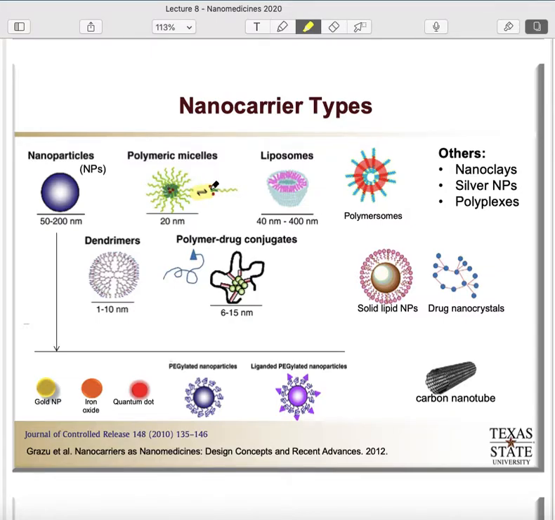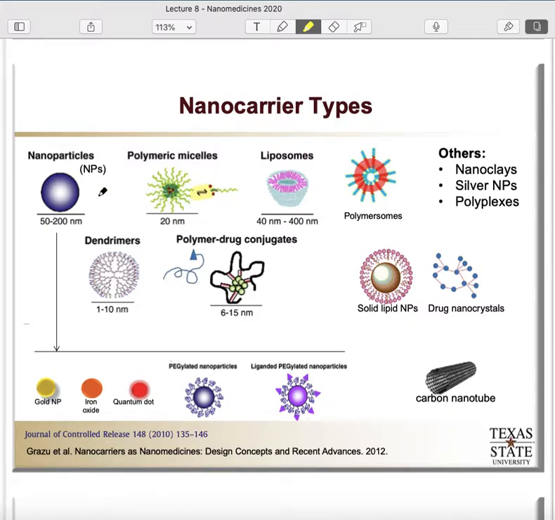And that process is controlled by a number of factors, including the concentration of the polymers, the ionic strength of the medium, the pH of the medium, the stirring, the temperature, all kinds of situations can reverse that process. And so this is something that can be useful for the case of drug delivery if you're able to maintain stability until the micelle reaches the location where you want the drug to be released, and then have the micelle disassemble. But it could also be a problem if your micelle is not stable and it ends up being disrupted before it reaches the target site.